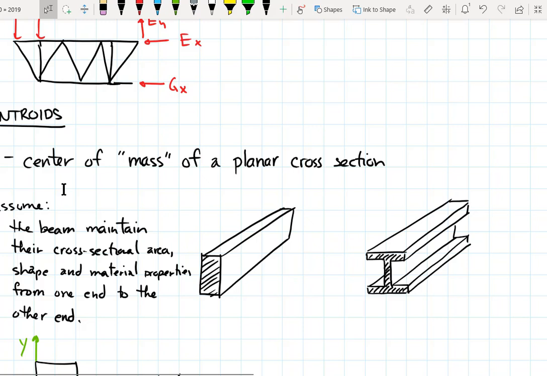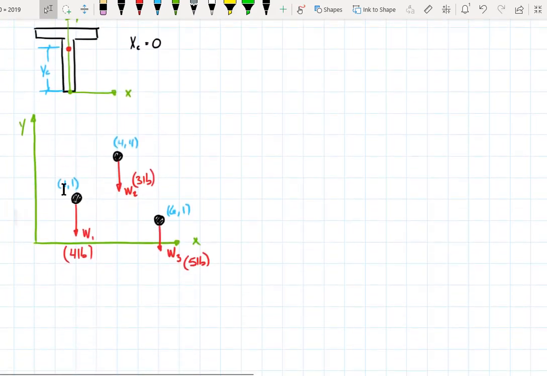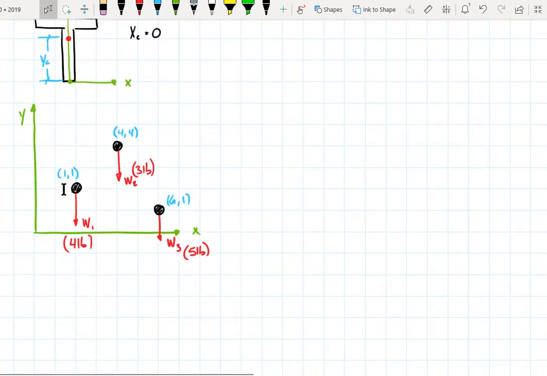And I said that the cross-section doesn't change from one end to the other, so I don't have to worry about it getting bigger or smaller from one end of the beam to the other end of the beam. So I'm really only looking at areas. And here I've got weights, but these weights could also be just the area, and assume that the density doesn't change and the size doesn't change and all that kind of stuff. But for now, it'll make more sense using weights because they're forces.